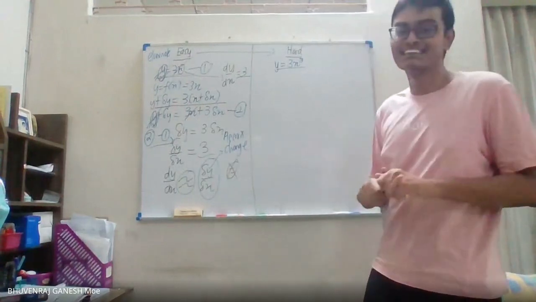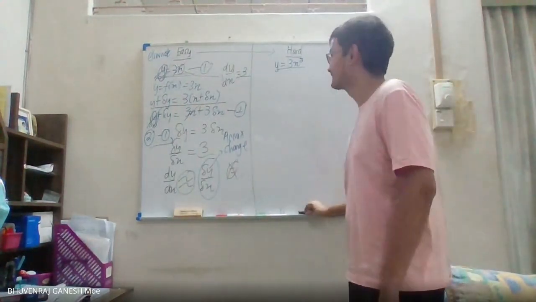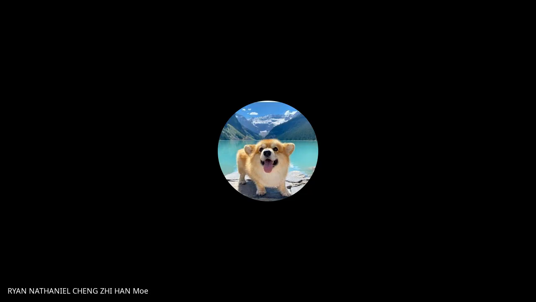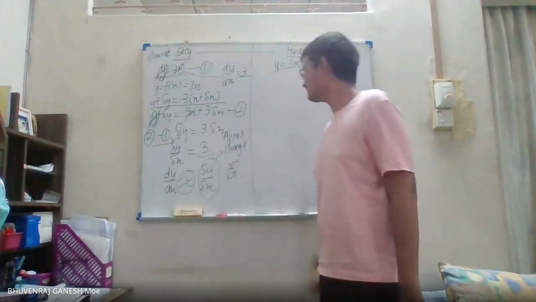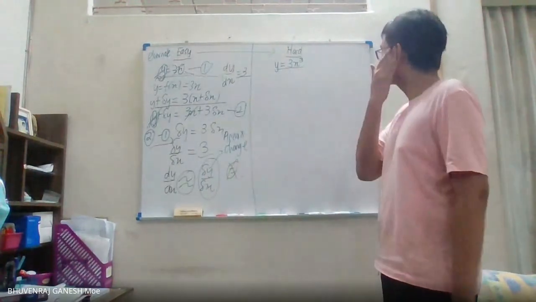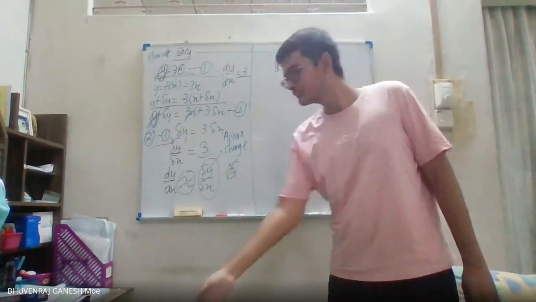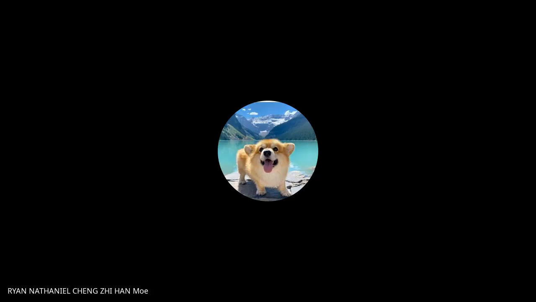Actually, you know the answer already directly, but we need to show the steps. That's the thing. Oh, this one is long. So y equals to 3x cube, and then we just plus dy and then add dx cube.